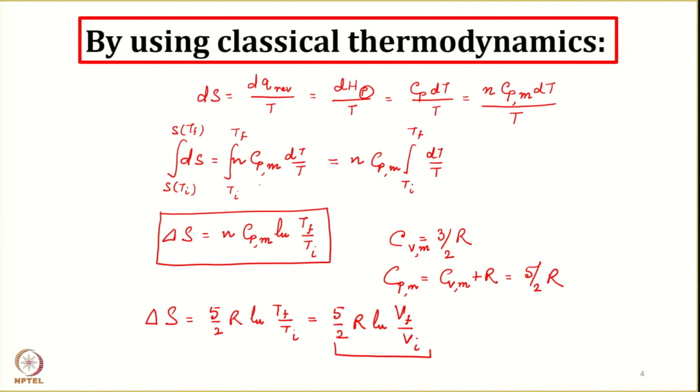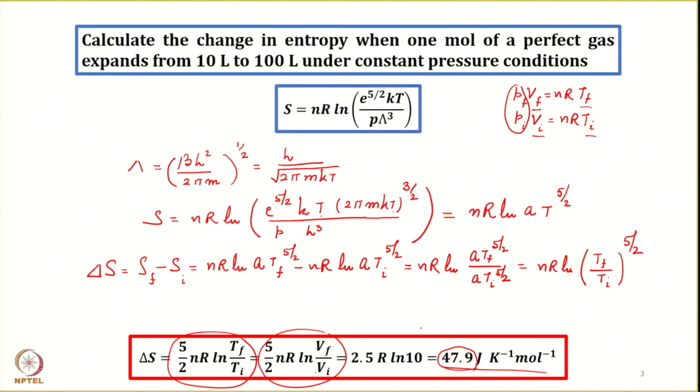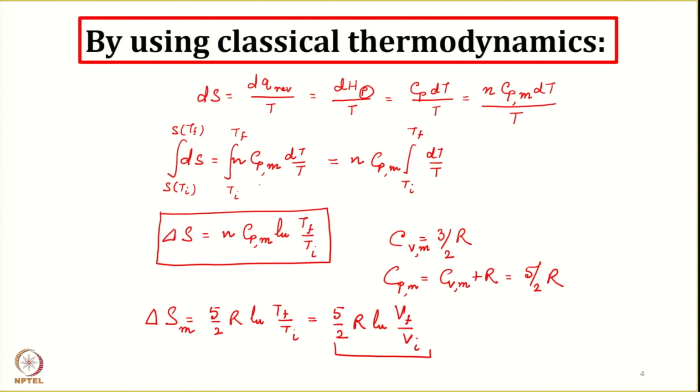We get the same expression, 5/2 R log Vf over Vi for n equal to 1. So 47.9. Whether we use the classical thermodynamic results or the statistical thermodynamic results, we are able to get the same result.